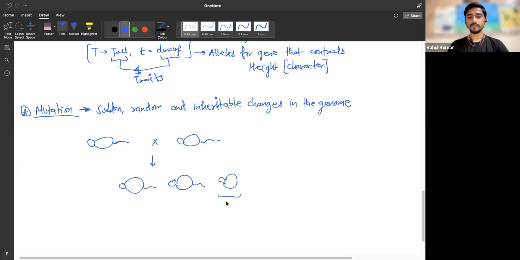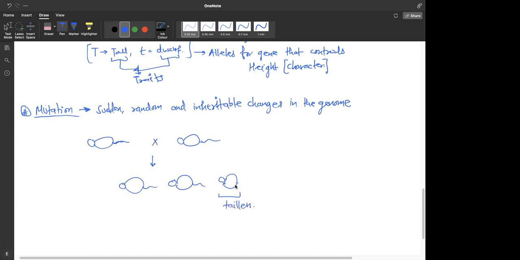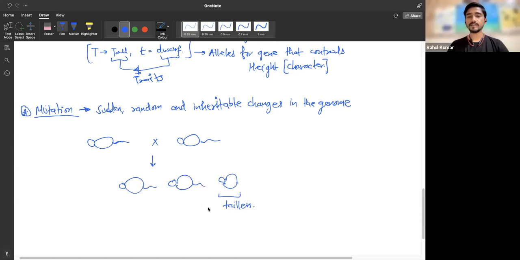Now, if only one progeny is tailless, it means that something went wrong with this progeny during development. That gene got faulty or did not work.